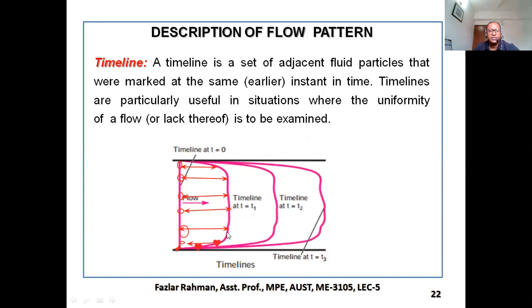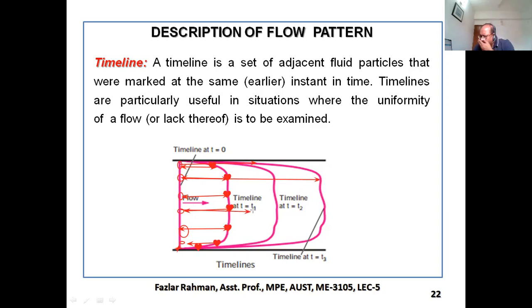If you connect them, this line is called the timeline. This is the timeline over time t1, say 2 seconds. What will be the timeline after 5 seconds? It will be like this one; it might travel this much, this one might travel this much.